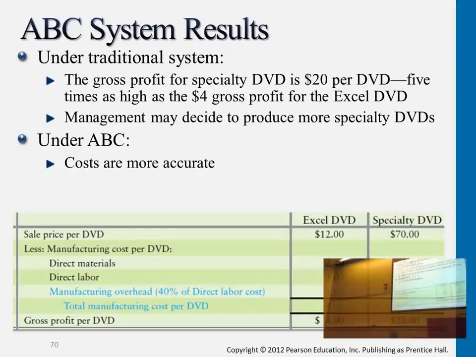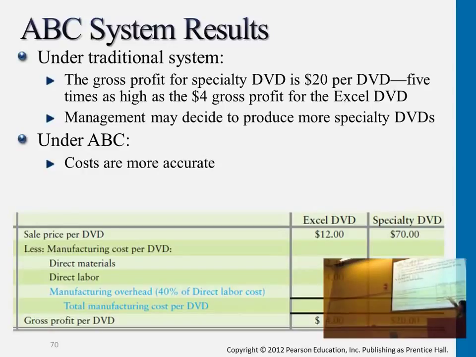So the sales price per DVD is $12 each for Excel, $70 each for specialty DVD per disc. And the cost incurred for direct materials is $2.40 for Excel, $4 direct labor costs. Manufacturing overhead, the cost is $1.60.